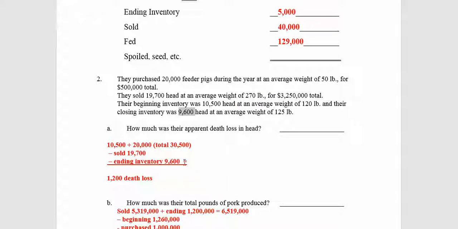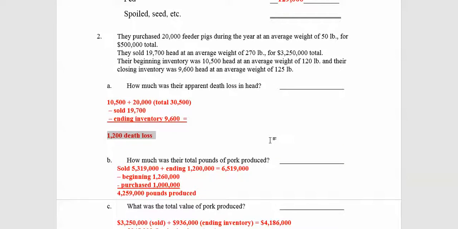So in other words, the hogs we brought in, we're going to subtract what we sold and what we ended with. And when we do that, we see that we have 1,200 death loss. That's a lot of pigs, but it happens.